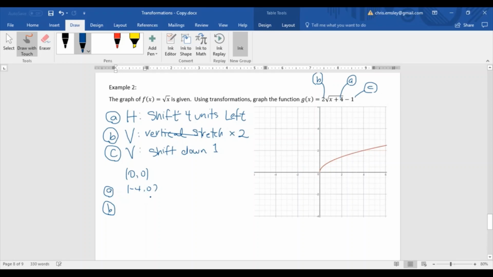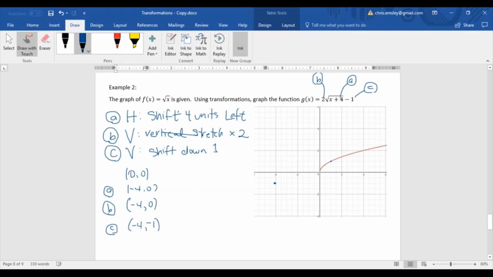Vertical, again, is a change to the y value. So 0 times 2 is still 0, so it doesn't change in that step. Then finally shift it down by 1 unit. So that becomes -4, -1. This is now the starting point for our new transformed function.